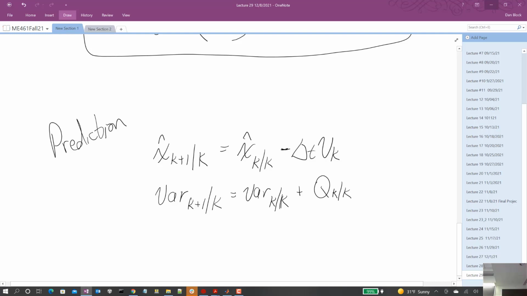Okay? And I guess they talk about this being K given K. I've never played with this being a varying Q, changing Q. When I've done Kalman filter, it's just a constant. Some factor, again, of how much we trust the model compared to how much we trust the sensors.